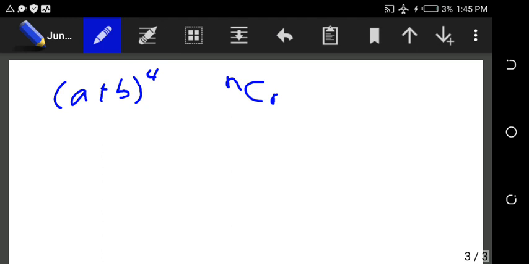So let us go ahead and see how we can use the concept of combinations to expand what we have here, a plus b raised to power 4. So we go ahead. The first thing that we have is a combination, so we're writing 4 combination 0. Remember that is the first thing that we have.